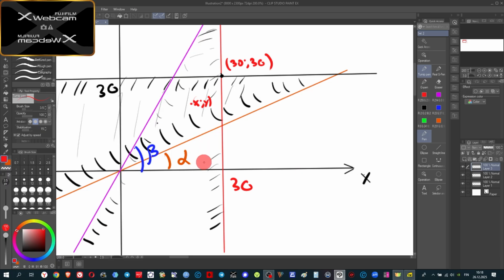It will be pretty long, so you can go along these lines that are parallel to the y-axis, and up to this point everything will be fine. But when you encounter this area, it will be pretty difficult and not the best way to go.